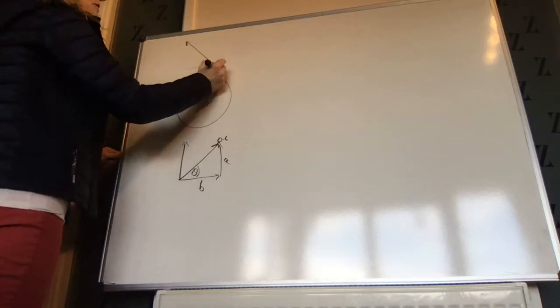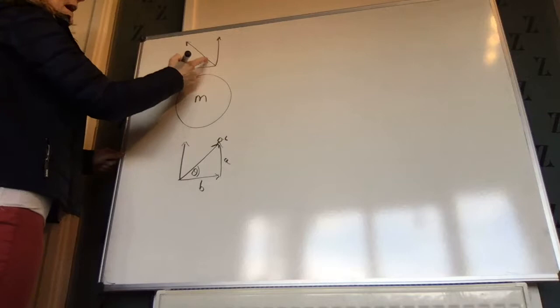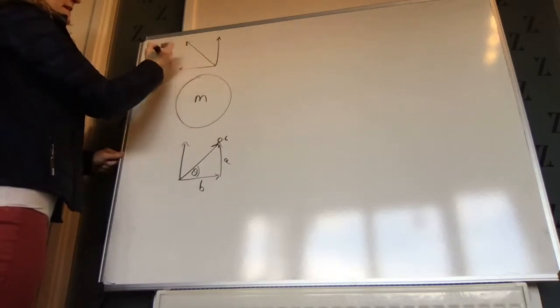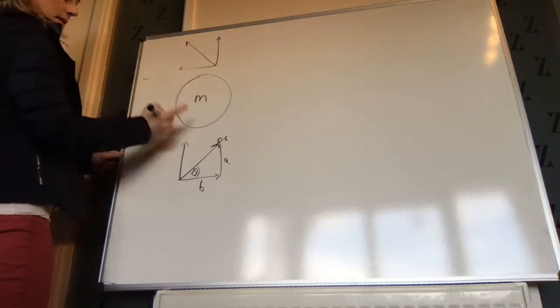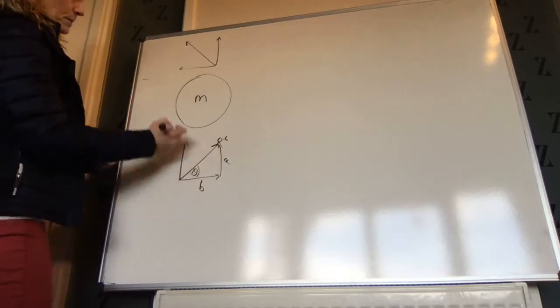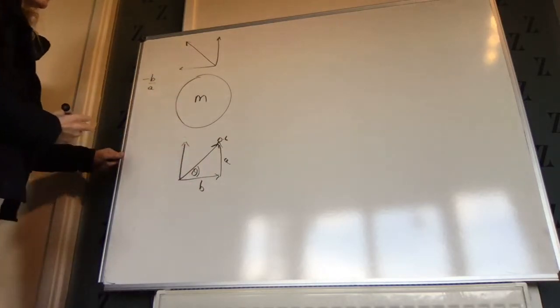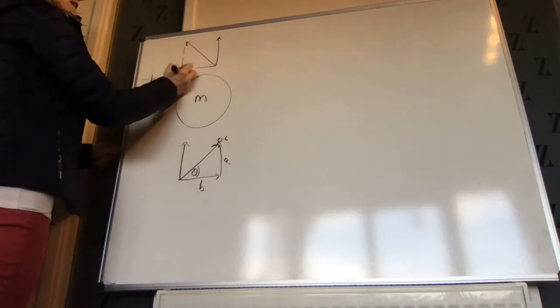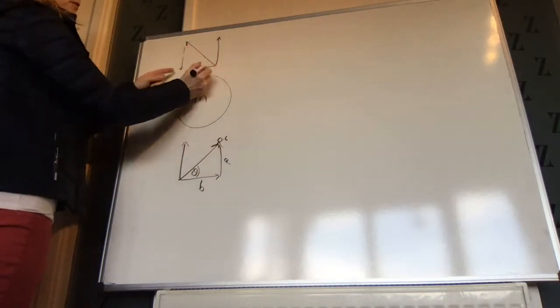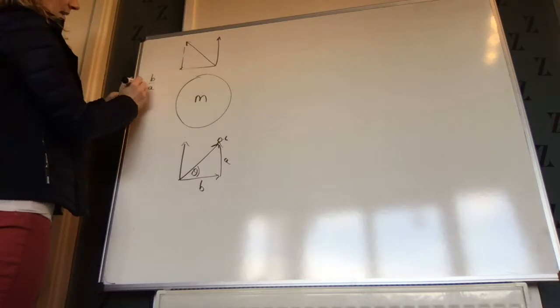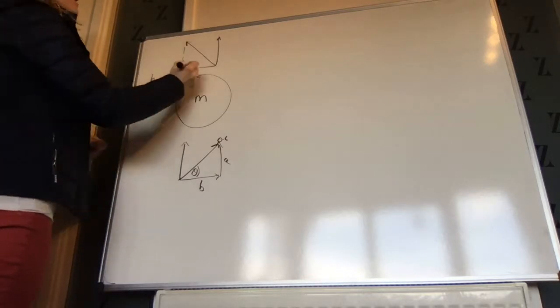The new direction it is traveling will have a slope. If the slope of this line is A over B, the slope of this line will be minus B over A. Technically the minus is on the A bit here, but we don't worry about that.